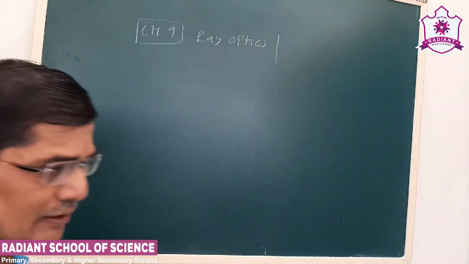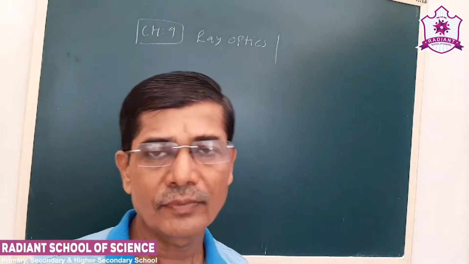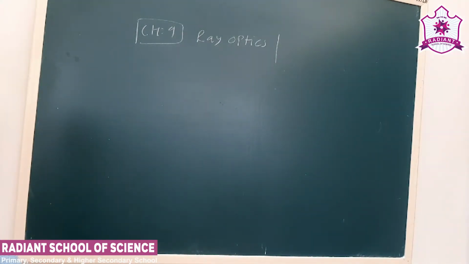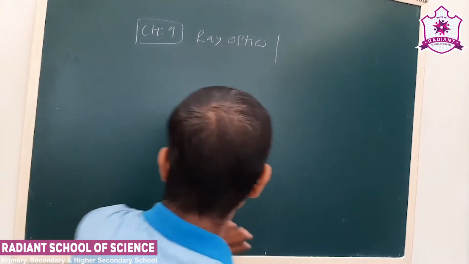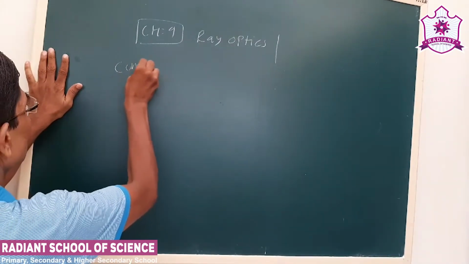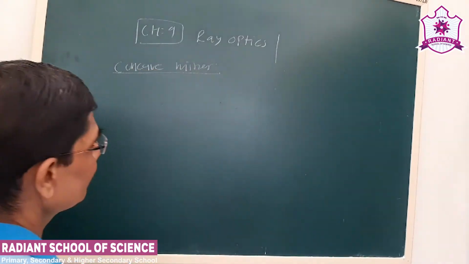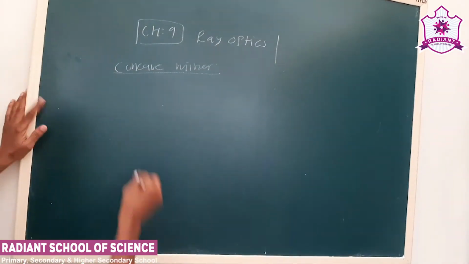You studied this table in the 10th standard also, but for your reference, I am taking it again. We start with the concave mirror first. For a concave mirror, there will be six different positions.